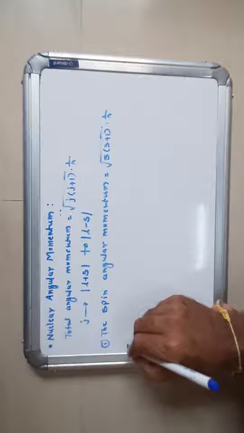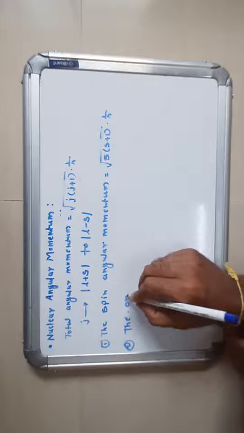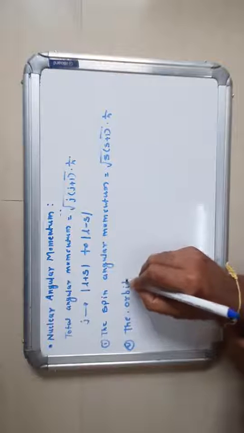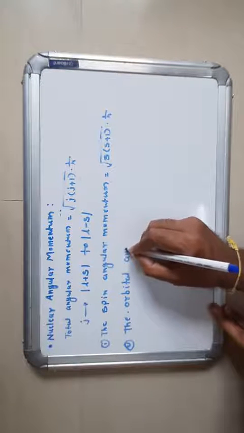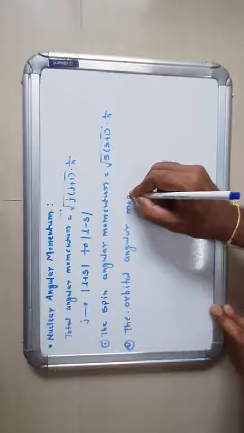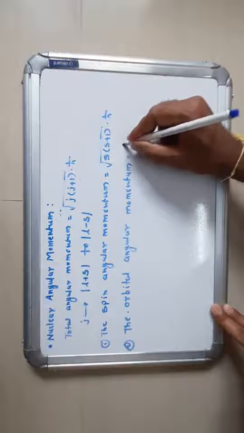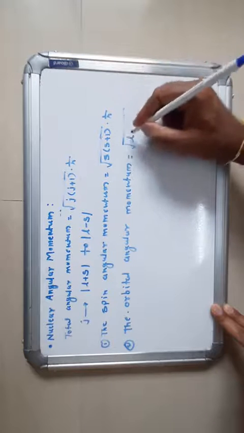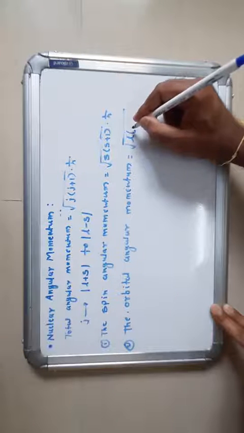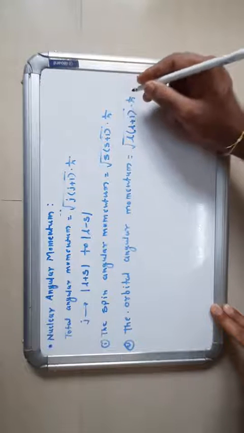Second one, the orbital angular momentum, denoted by the letter small l, equal to under root l into l plus 1 into h cross.